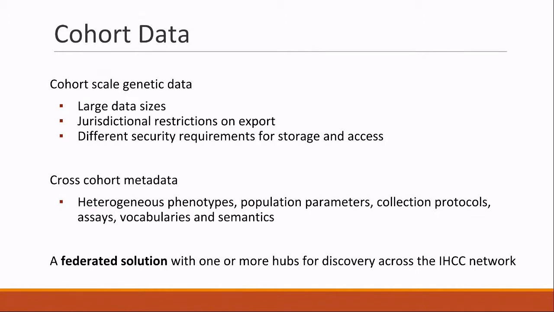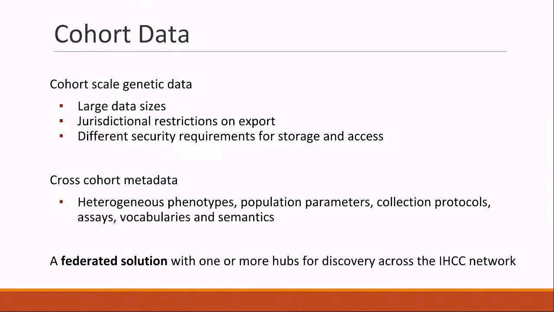Some of the cohorts that are part of IHCC, the nominal minimum entry level was about 100,000 participants. Many of the cohorts are starting to generate genomic and genetic data. That data is large. The raw data is very large. Even just the genetic variant data is large, on the order of tens of gigabytes for a single sample.